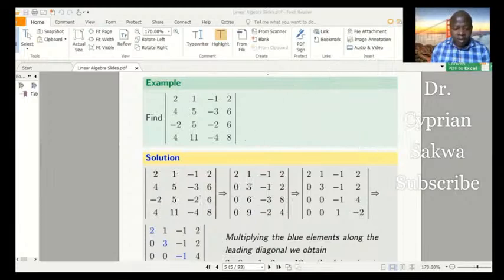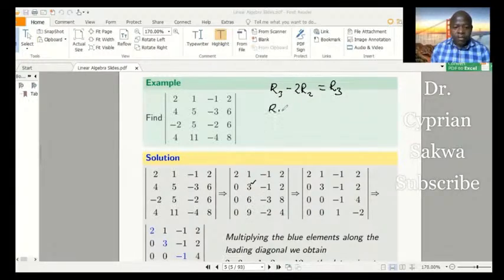I come to the second column and I notice that my leading element is here. That's my leading element. So I use this element to create zeros below it. So I need a 0 here and another 0 here. So how do I achieve a 0 in this position? So this element is in row 3. So I'll take row 3 minus 2 multiplied by row 2. That will give me the new row 3. Then this element, I need a 0 here. And this element is in row 4.